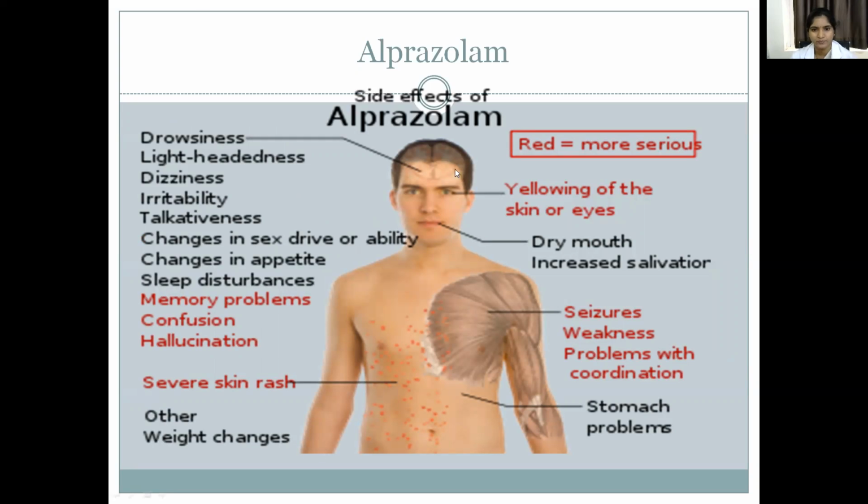Now the side effects. Severe effects are yellowing of the skin or eyes, confusion, hallucination, and severe skin rashes. Here you can see the adverse effects of alprazolam. Other adverse effects: it causes drowsiness, lightheadedness, dizziness, irritability, talkativeness, changes in sex drive or ability, changes in appetite and sleep disturbances, weight changes, dry mouth and increased salivation, seizures, weakness, and problems with coordination.